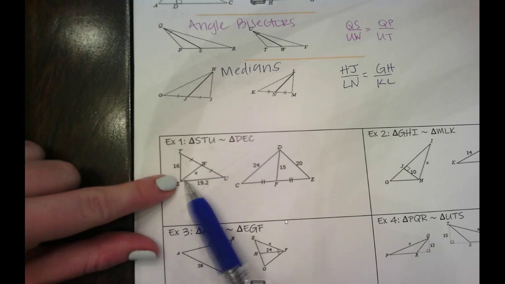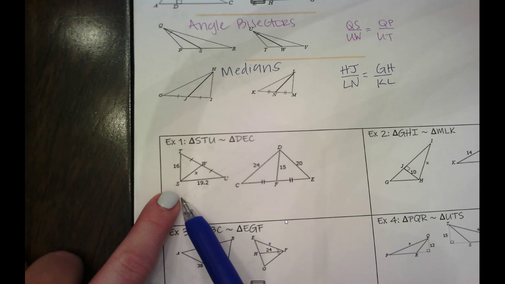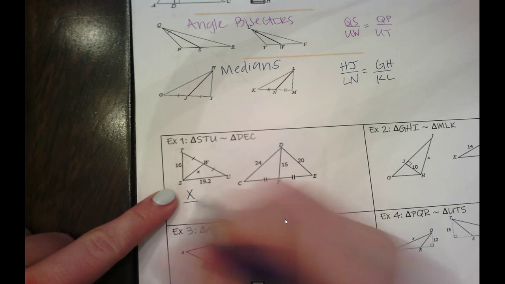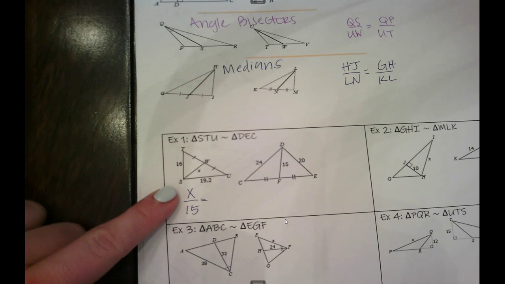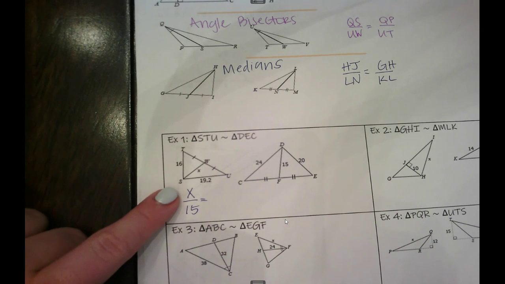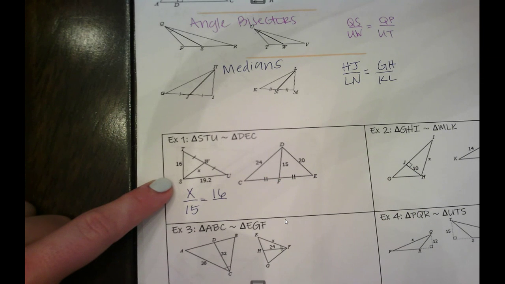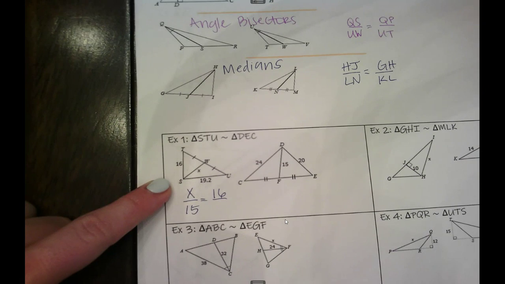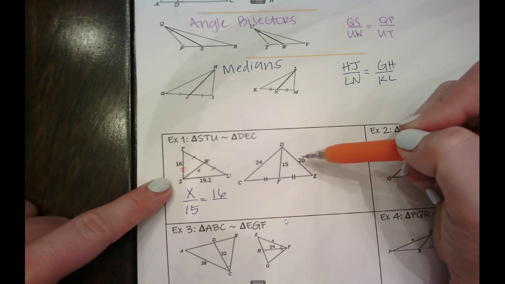So we can put the median of the first one, which is x, over the median of the second one, equal to the side of the first one. Either side should work. Just make sure that whatever you pick, I picked the ST, you pick the corresponding side here.